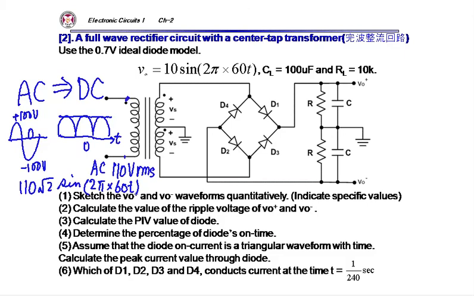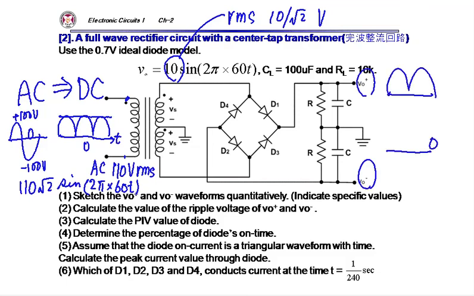I will reduce it to something like a 10 volt amplitude. RMS will be 10 over square root 2, right? Then I use some sort of diode, and then I will make some positive voltage here and negative voltage there, something like that.